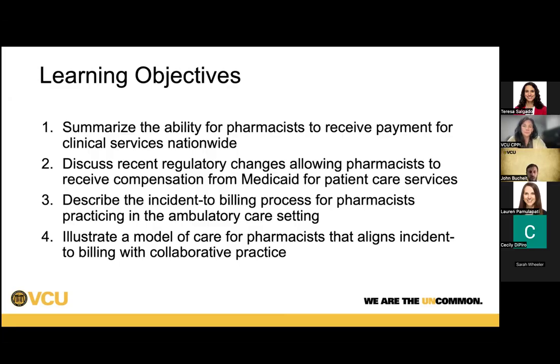And then we have to cover a little bit of background information on a certain way of billing to really explain and illustrate a model that we have implemented at my practice site, which is Crossover Healthcare Ministry, and provide some real world data that we've had successful billing claims with these new regulations and codes.